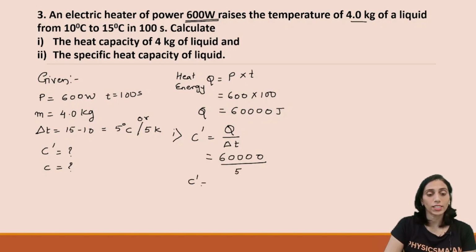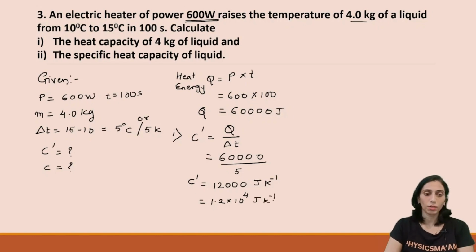So I get C dash is equal to how much? 12,000, or, and what is going to be the unit? Joule per Kelvin. SI unit है ना? Or else I can write this as 1.2 into 10 to the power 4 joule per Kelvin. ऐसा भी लिख सकते हैं.